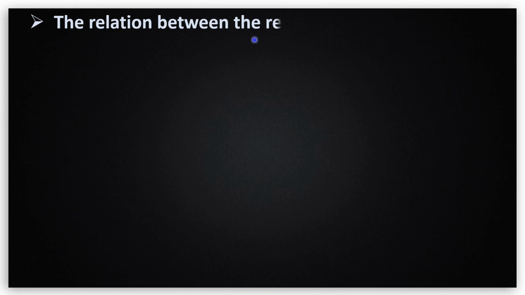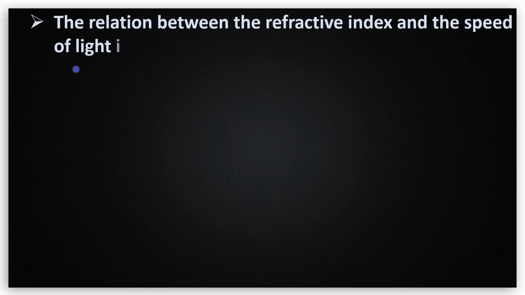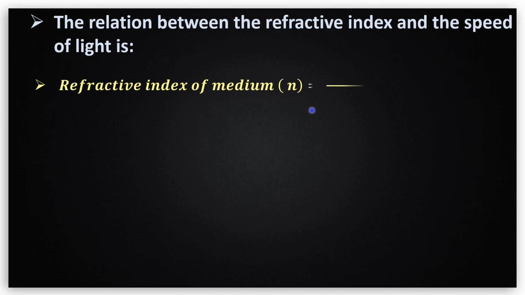And we know the definition of the refractive index. You see here the relation between the refractive index and the speed of light: refractive index of a material or medium, n, equals speed of light in vacuum divided by speed of light in the material.